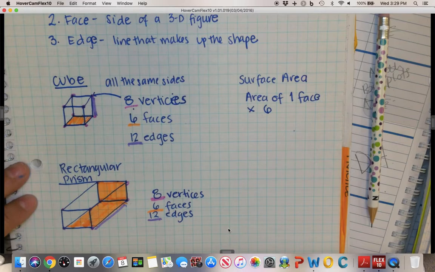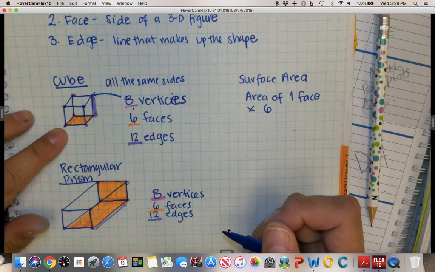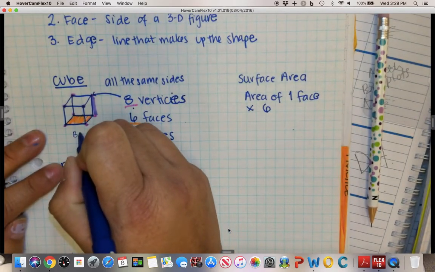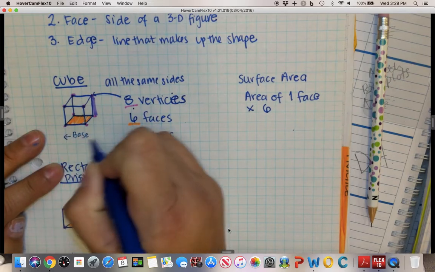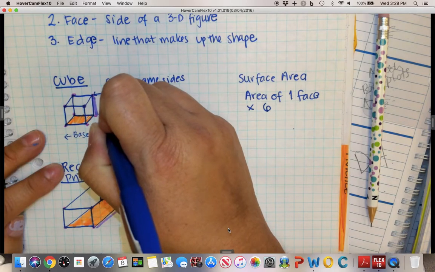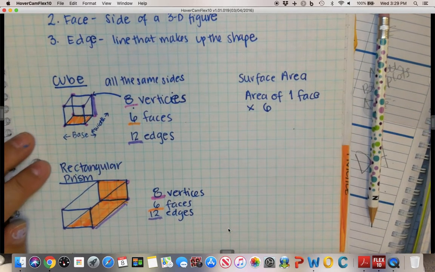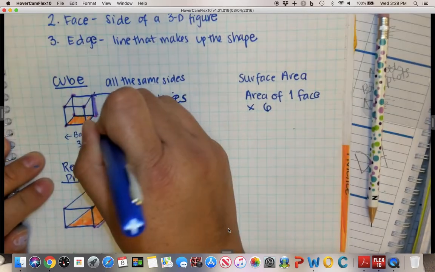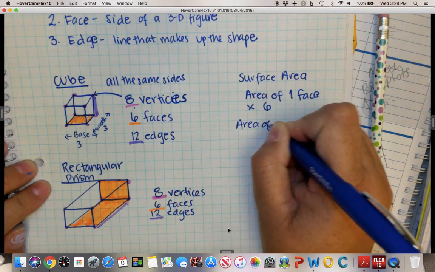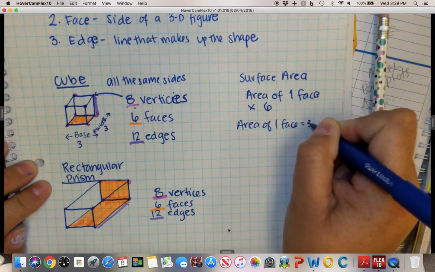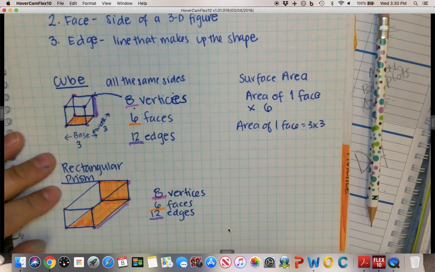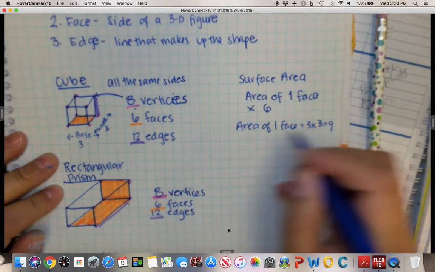So if I tell you that the base times the width is 3 and 3, the area of one face is 3 times 3, whatever number it is you're working with, which is 9.